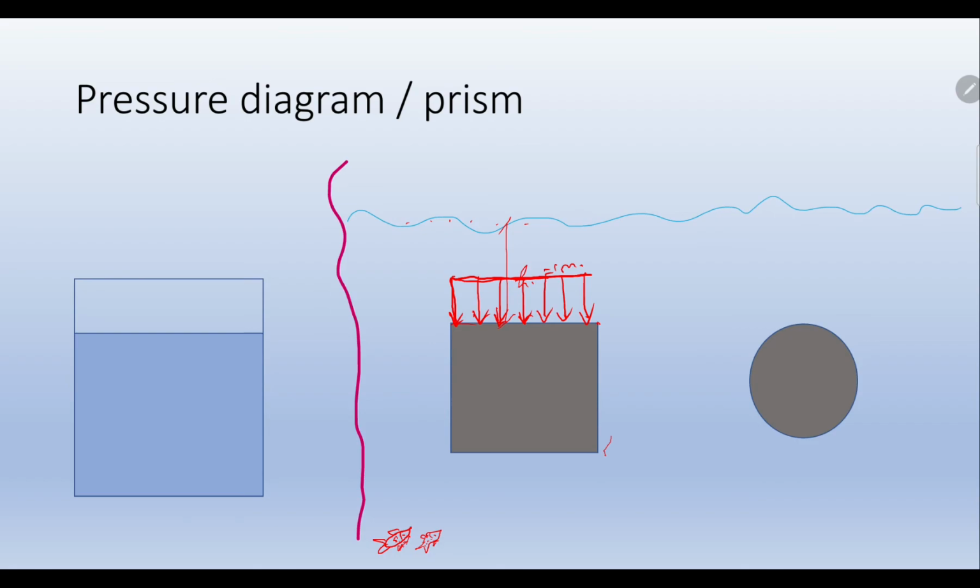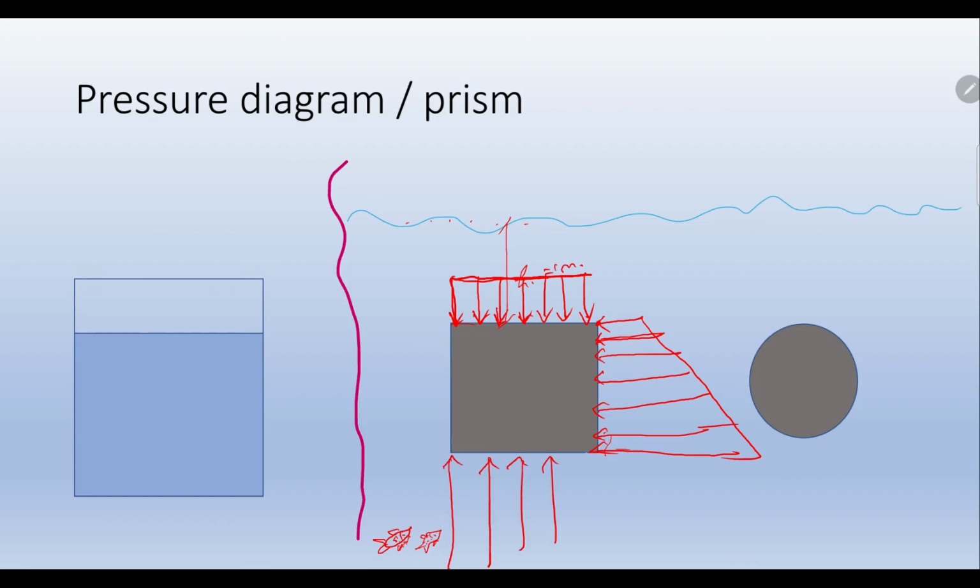Now let us draw the pressure here. At this point the depth is increasing compared to the point before, so I have to draw longer lines. Longer line, longer line, longer. There you go. Then what about at the bottom? This is going to be the longest one, because at the bottom it is experiencing very, very high pressure.